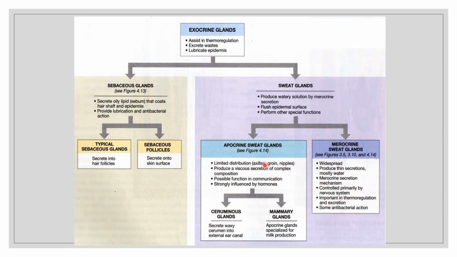Apocrine sweat glands have a limited distribution, like in the axilla, the groin, and the nipple. They produce a viscous secretion of complex composition. Possible functions include communication. They are strongly influenced by hormones.